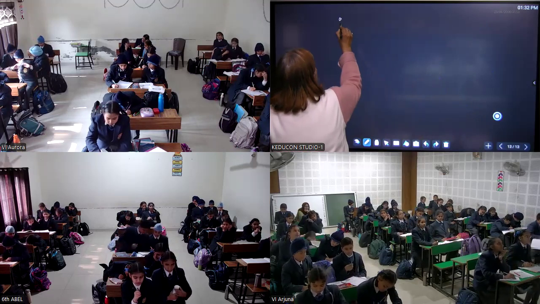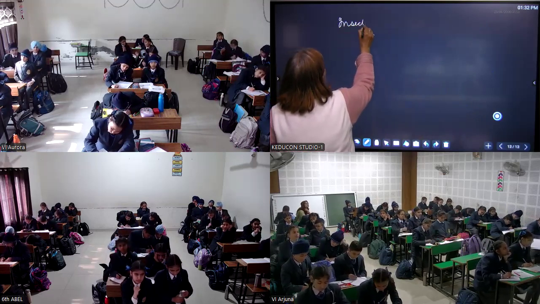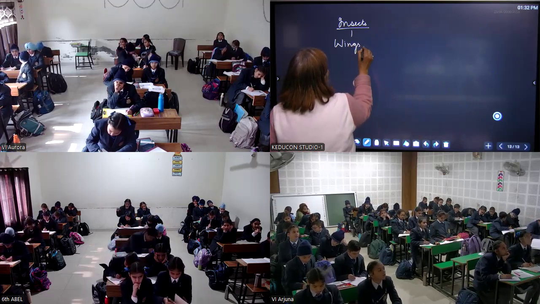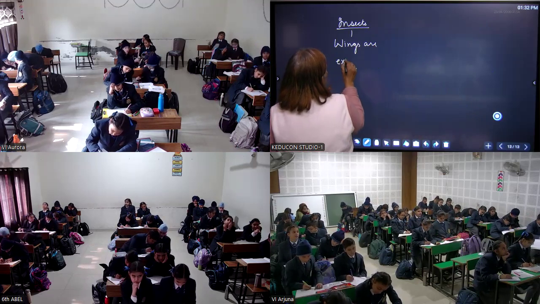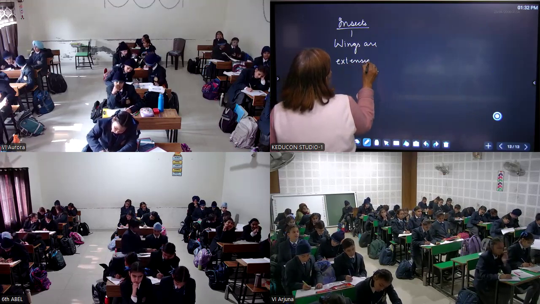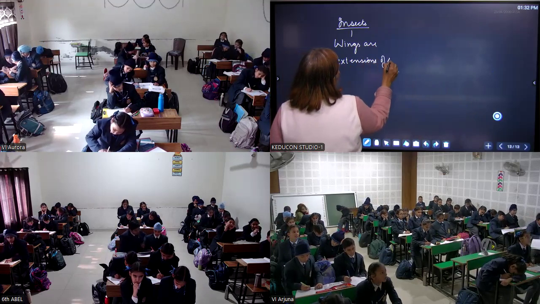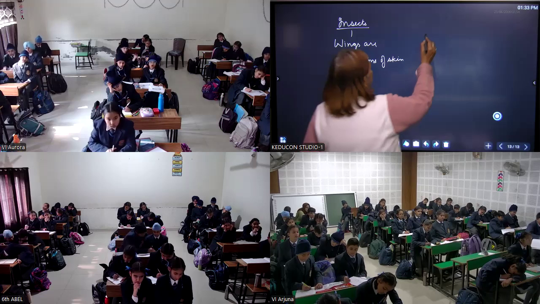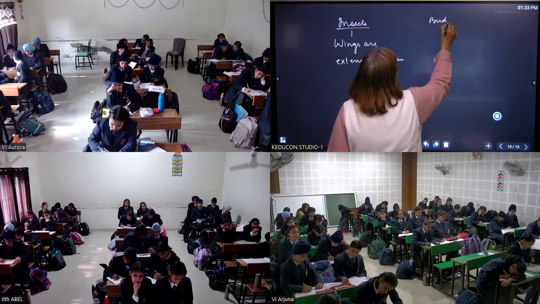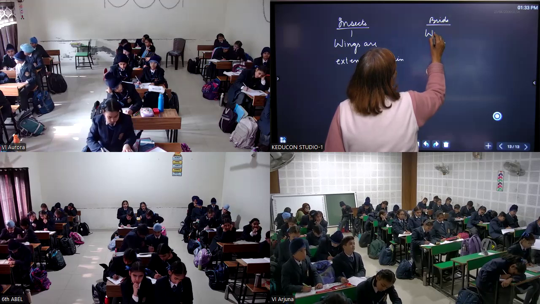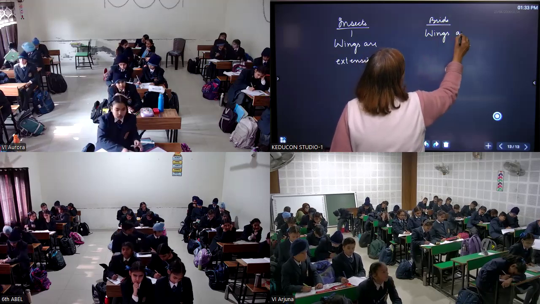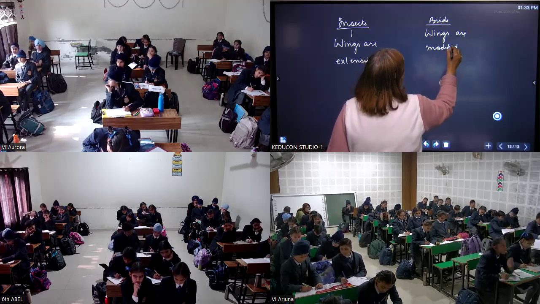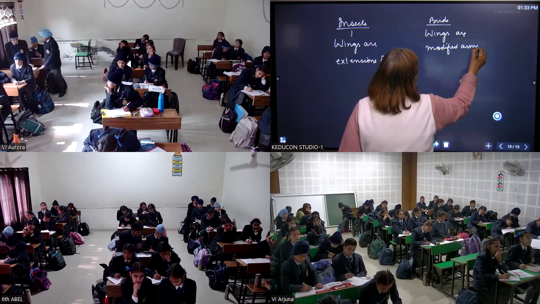In insects, wings are extensions of skin. It is not skin like ours, but again skin. And in birds, wings are modified arms or forelimbs.